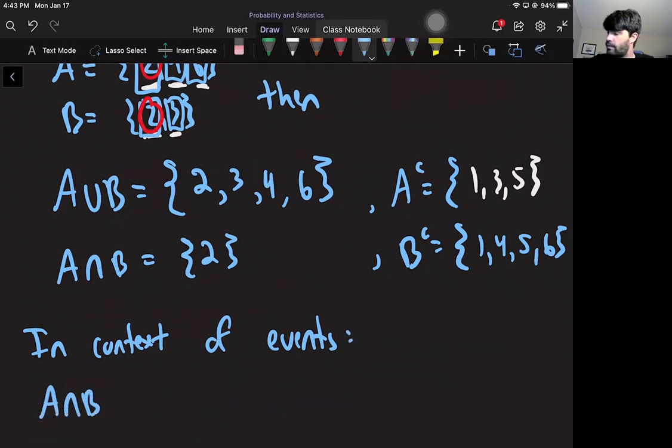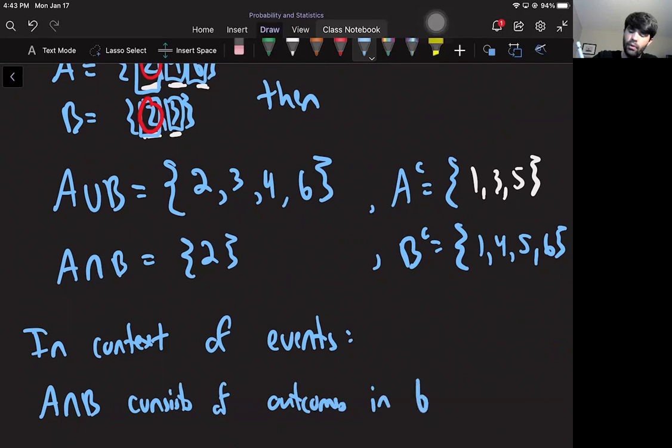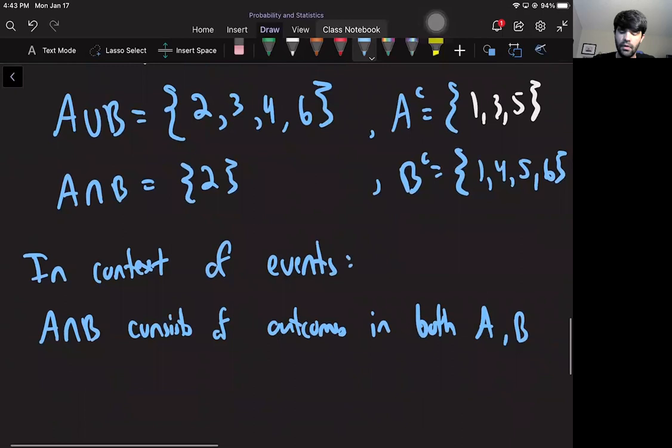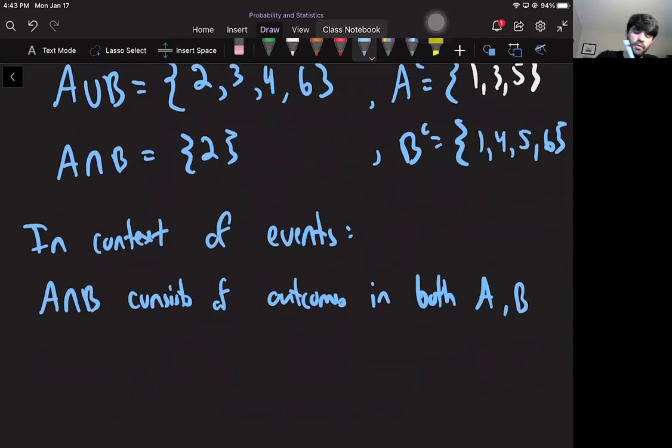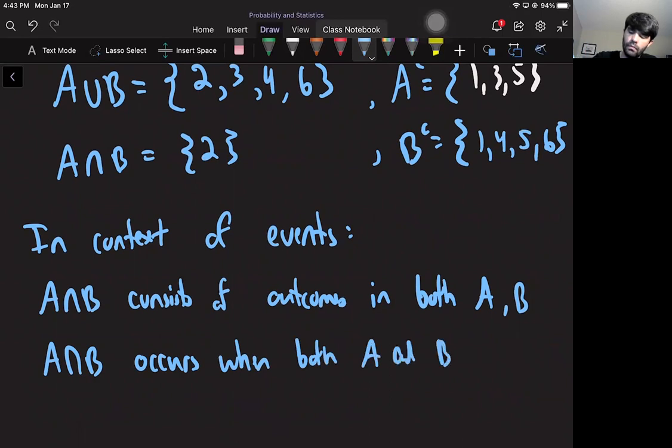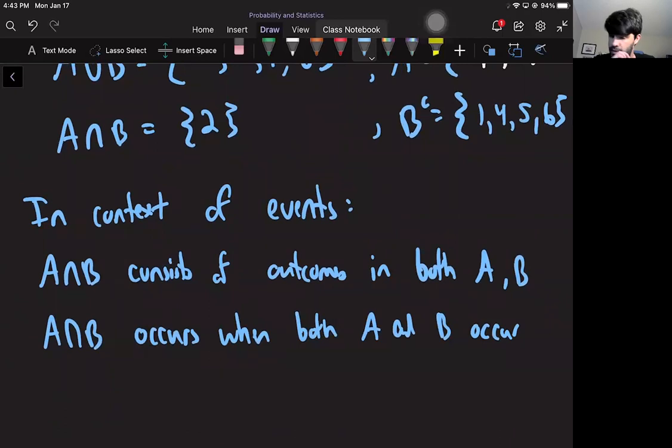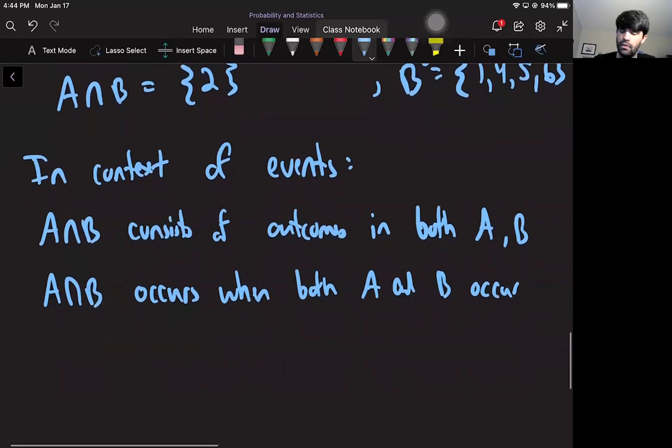So the intersection consists of outcomes in both A and B, in the events both A and B, but you can also think about it in terms of occurring. So when does this occur? Well, it only occurs if both A and B occur. So you run the experiment and the outcome that happens needs to be in both A and B for the intersection to occur.